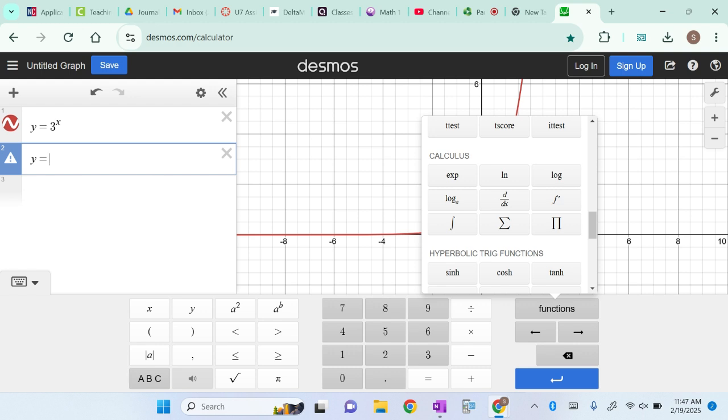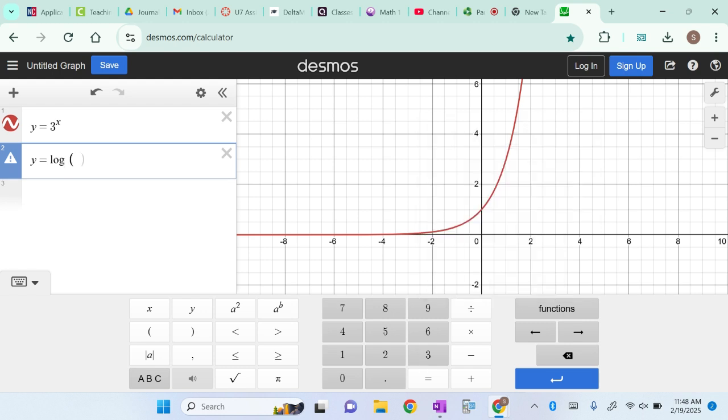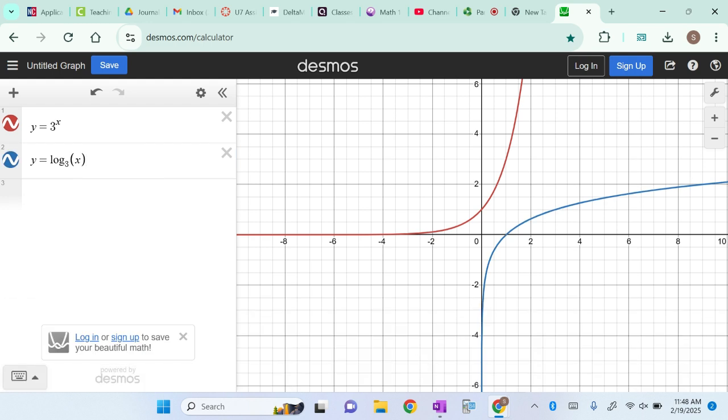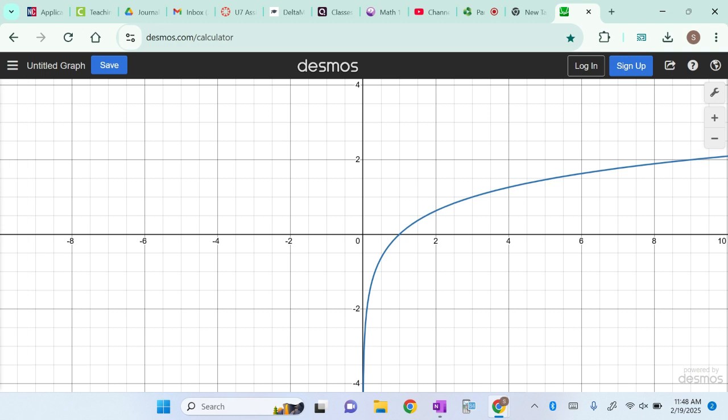There's natural log, common log, and then a log where you assign the base. If there's a given base, you want to use this one here. So I'm going to click that, and then I can insert the 3 for the base, and then the x value and close the parentheses. And then I'm going to turn off the graph for the exponential. So this is my log graph now.